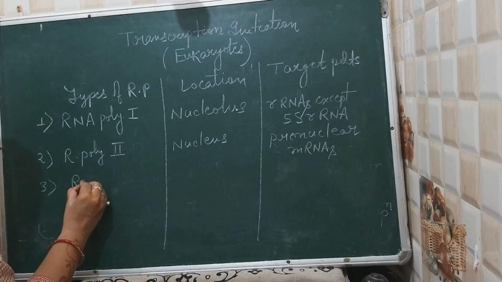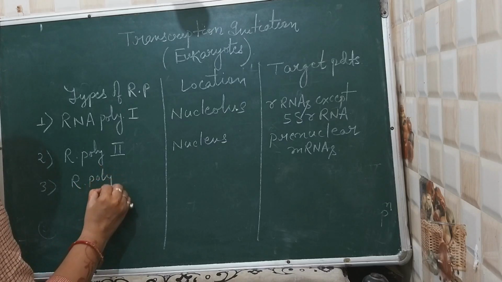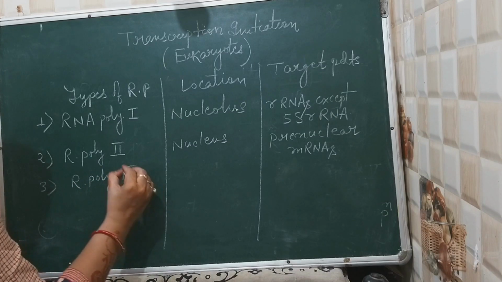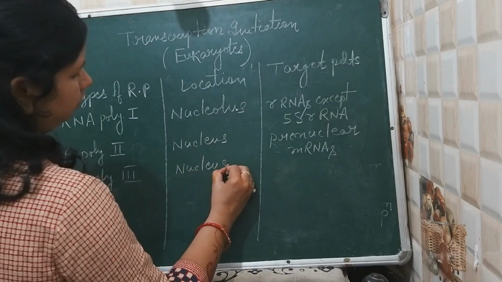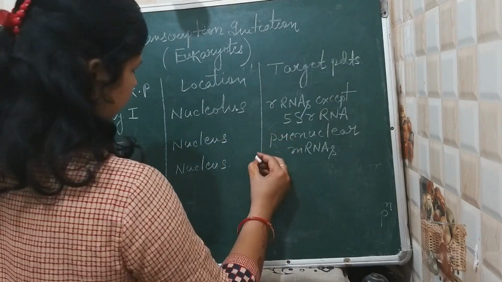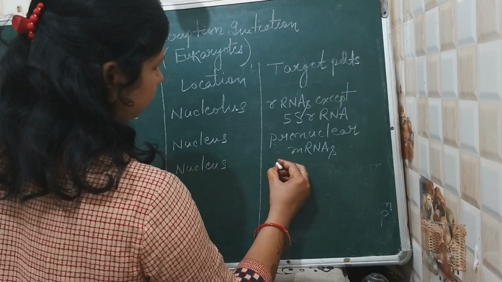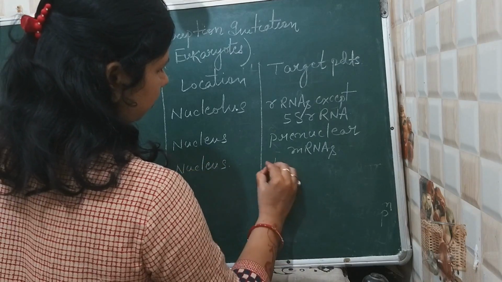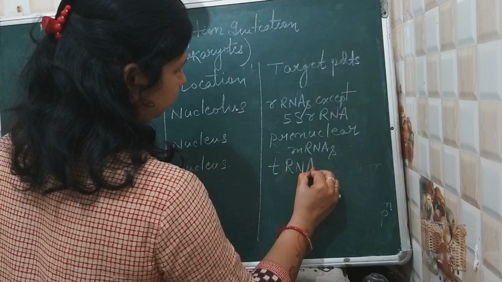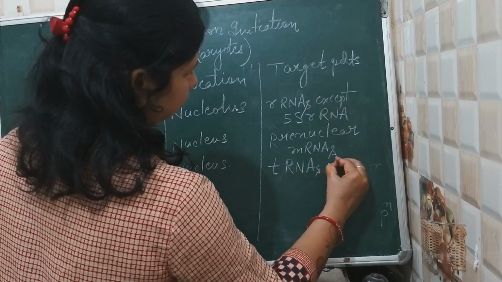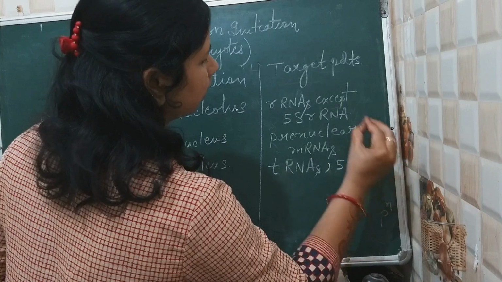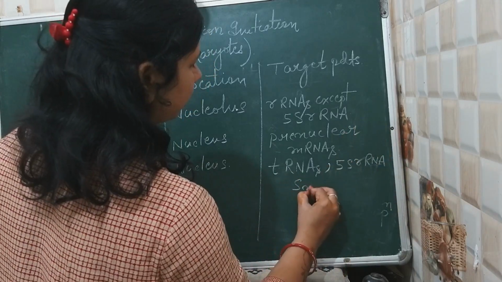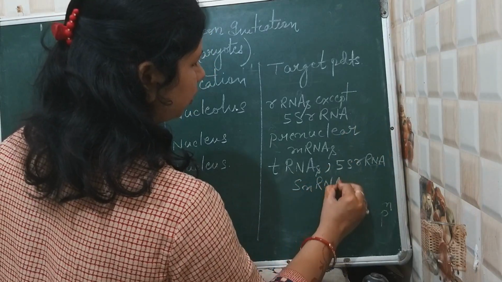Third one, RNA polymerase type 3. It is also found in the nucleus and it mainly catalyzes the formation of tRNAs, 5S rRNA as well as snRNAs, small nuclear RNAs.